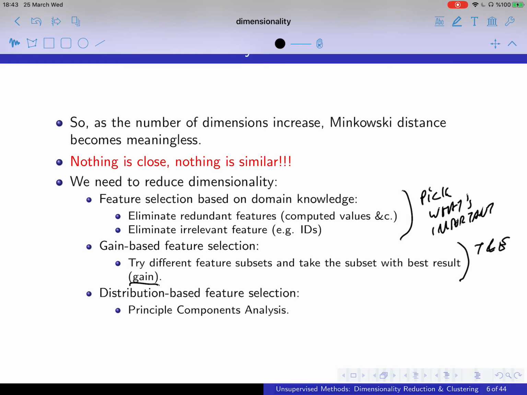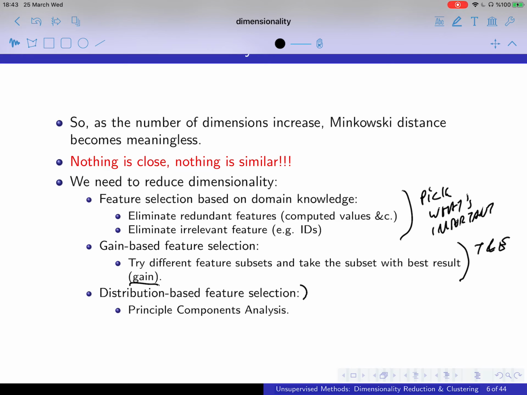And the last form is what we call distribution-based feature selection, where you look at how the data is distributed over the space and only pick the dimensions where the distribution is most pronounced.